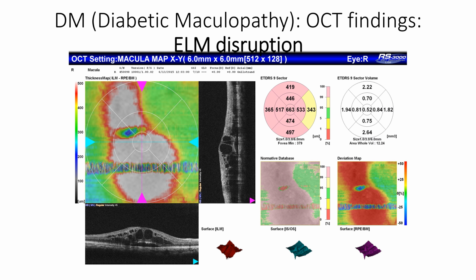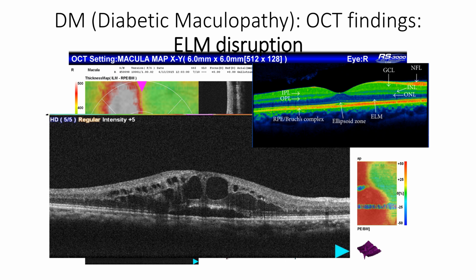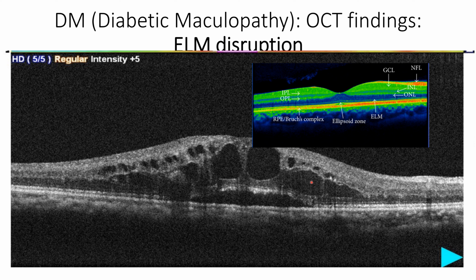Disruption of outer retinal layers. So here we can see in this photograph, I have also shared with you a normal looking OCT, and look at this point which shows the ellipsoid zone and the external limiting membrane, which is the fourth hyperreflective band on our OCT.